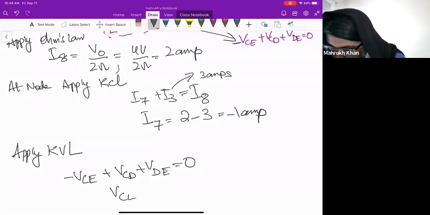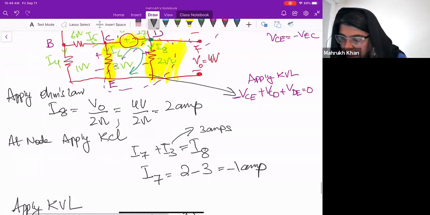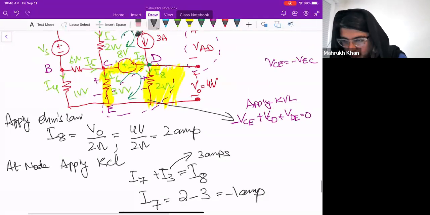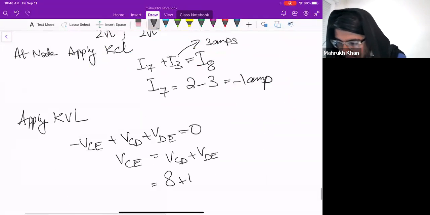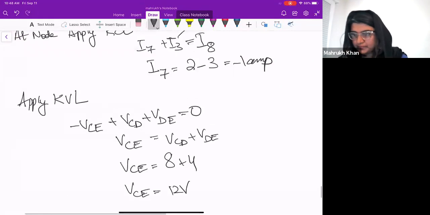So VCE will be VCD plus VDE, which is VCD is 8 volts and VDE is 4 volts, right? So that is 12 volts.